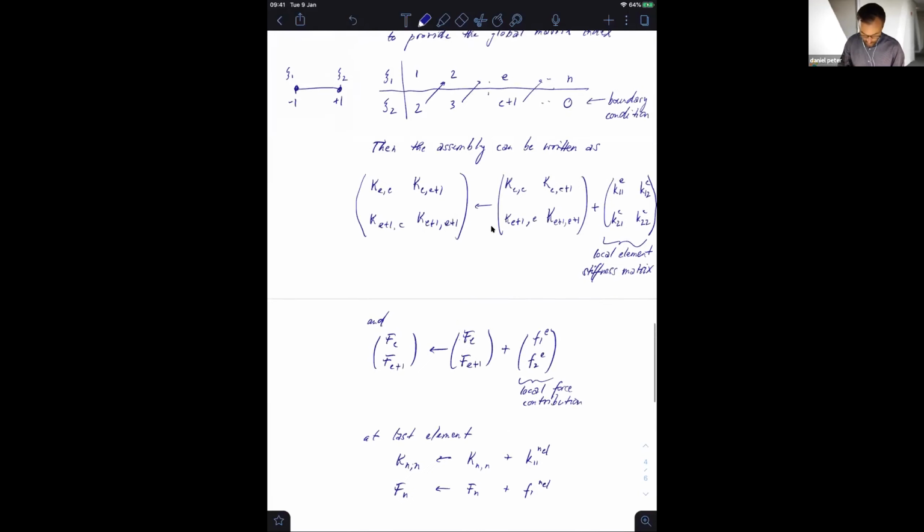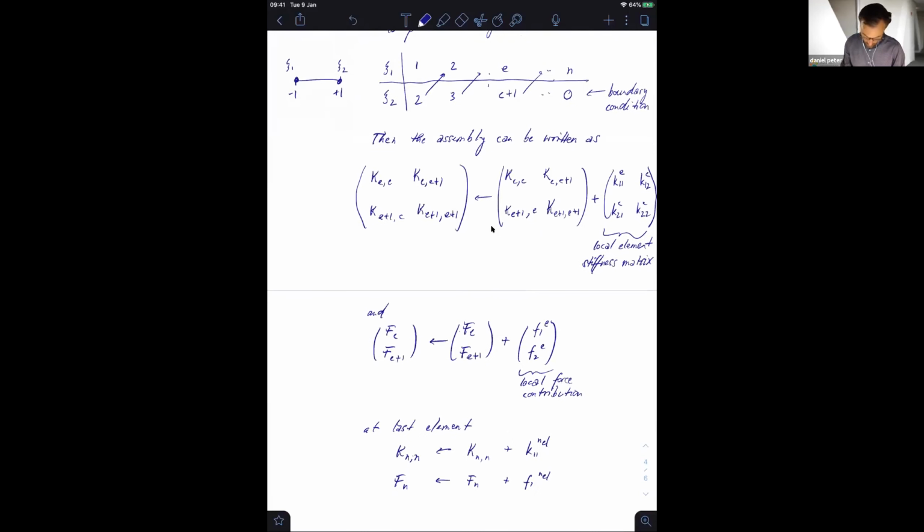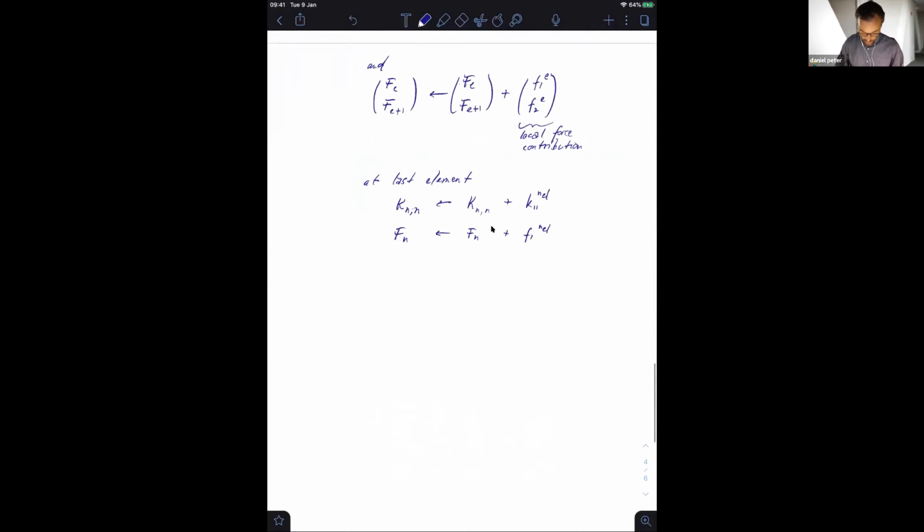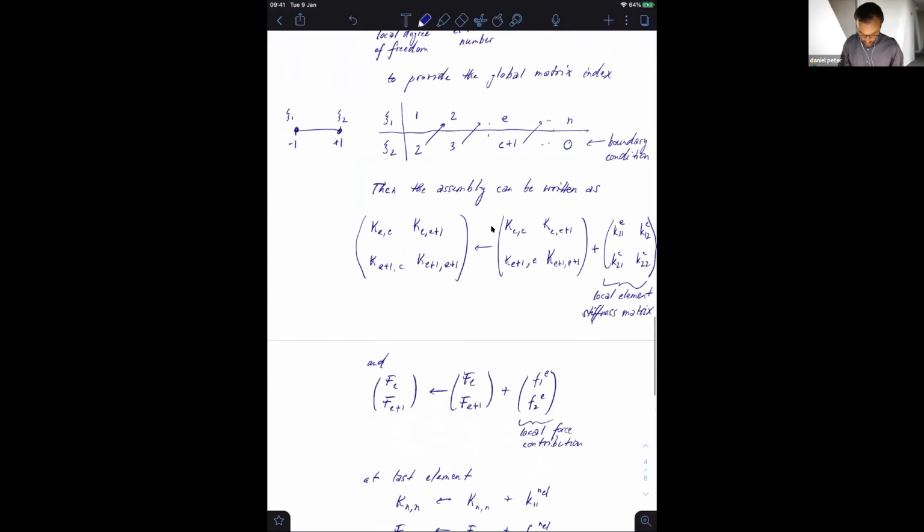So this is maybe a new way of putting this down. It's often easier to understand it by a simple example. So think of these contributions here, the stiffness matrix.